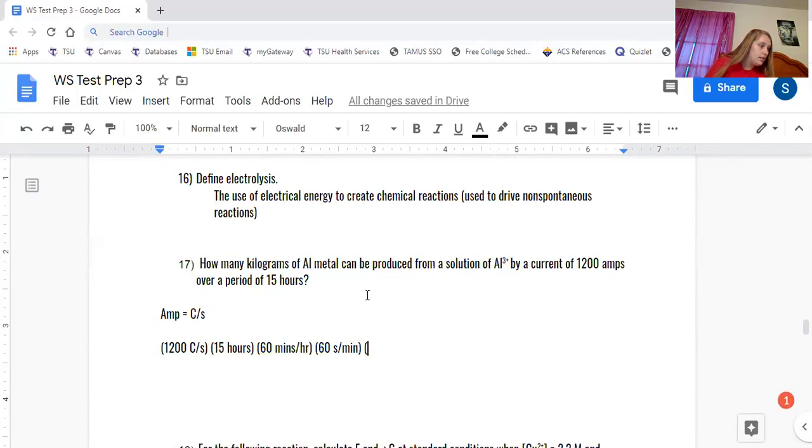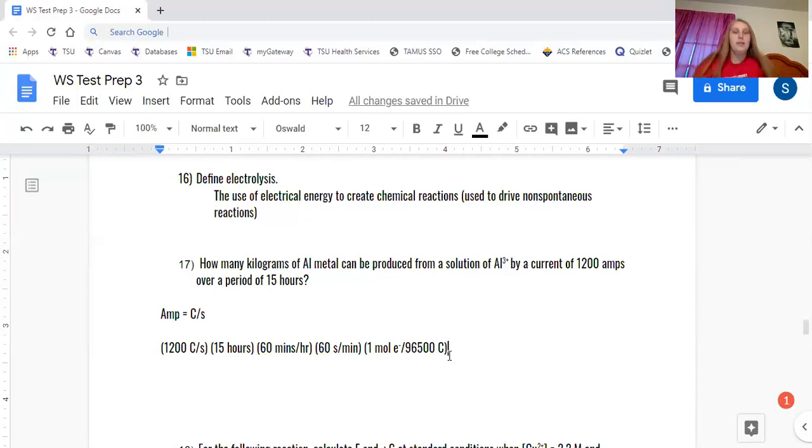And then we are going to use Faraday's constant to get rid of our C value. So it's going to be 1 mole e minus divided by 96,500 C's. Okay, so I got rid of that.